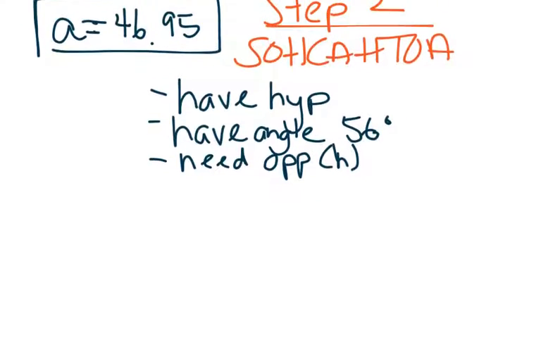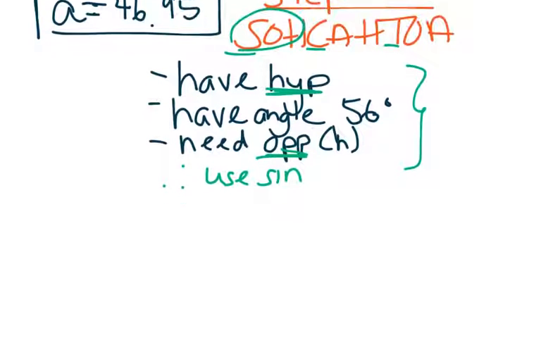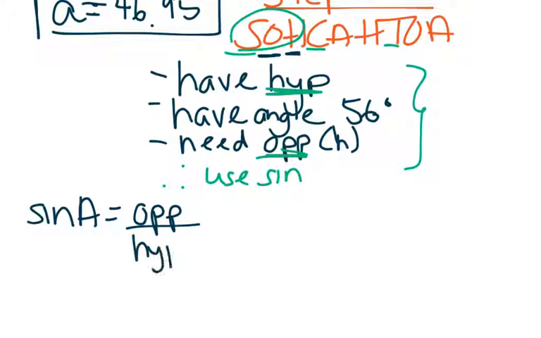If we did this right, we should have 3 pieces of information here. 2 of them should be side lengths. We've got hypotenuse and opposite. Which of these, sine, cos, or tan, will use hypotenuse and opposite? We know that has to be sine, so therefore use sine. We're going to write out our equation. We know that sine of an angle equals opposite over hypotenuse. So I'm going to write it out: opposite over hypotenuse.